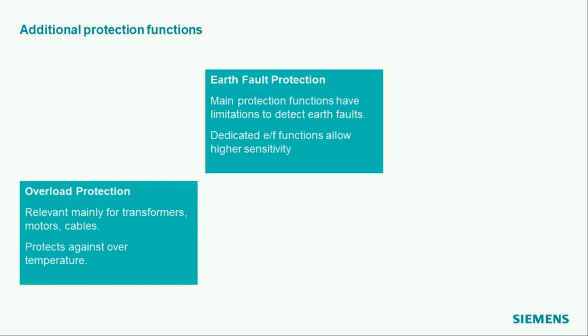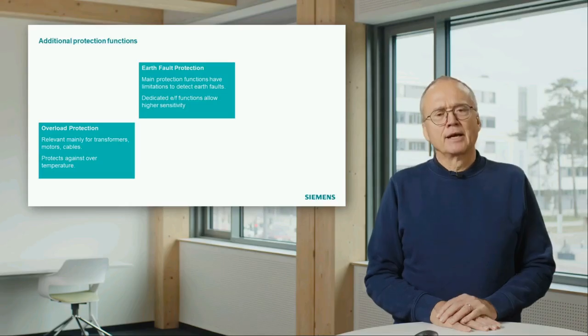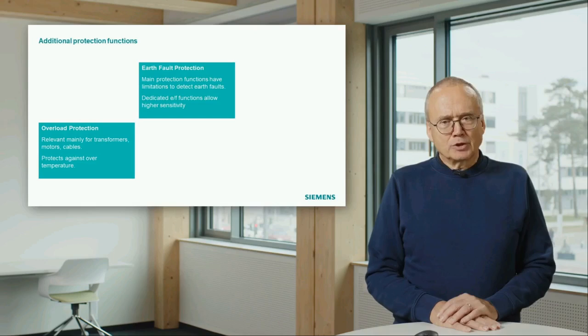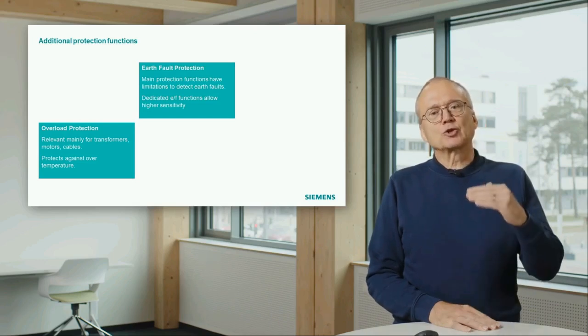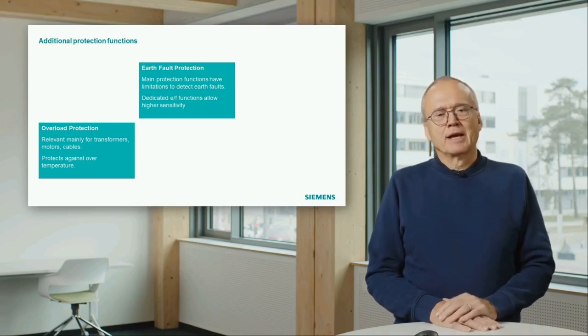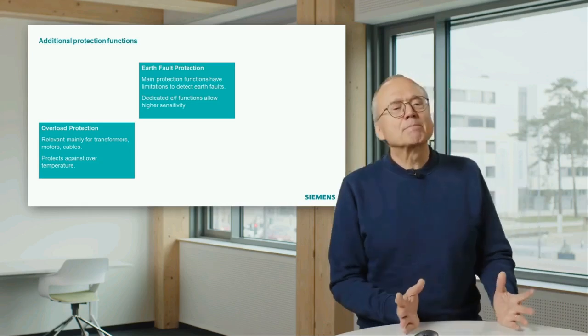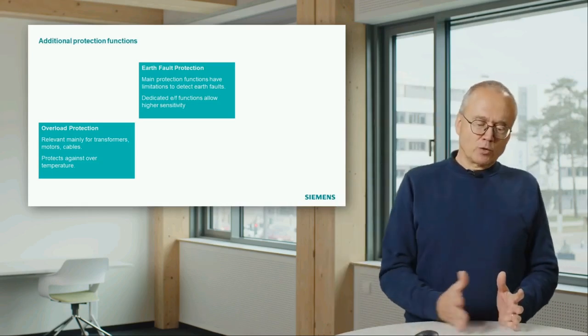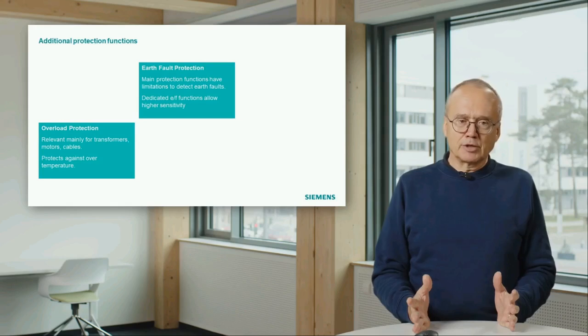The next point is overload protection. Where is overload protection required? It's mainly for transformers, for motors, and for cables. And the overload protection is basically a thermal protection. It's a protection against too high temperatures. And in the simplest approach, you have a thermal model in the protection relay.